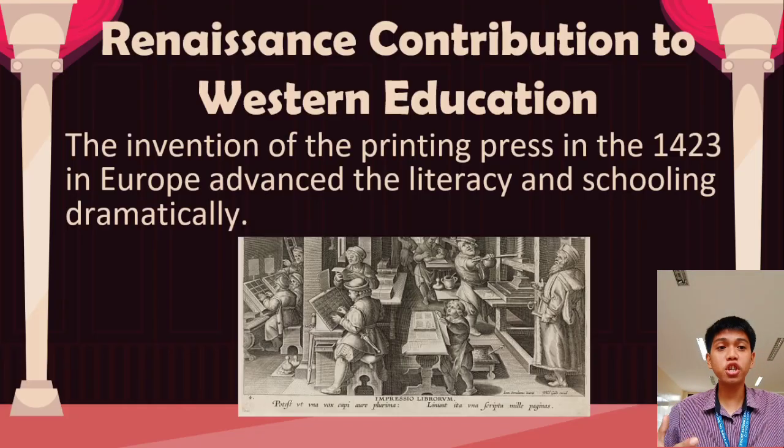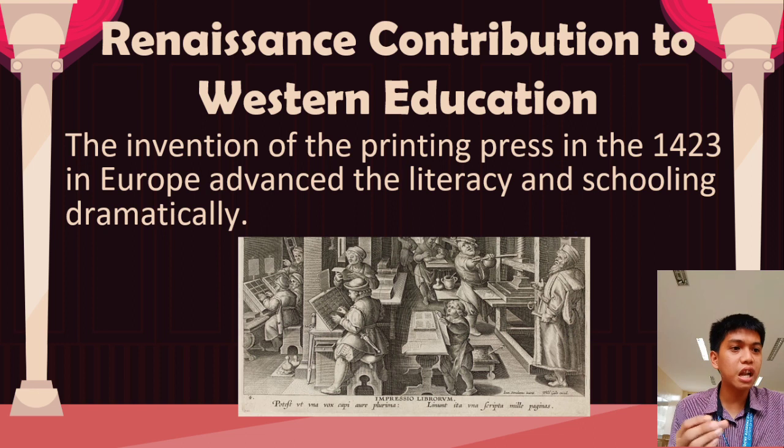The invention of the printing press in Europe advanced literacy and schooling dramatically. Before the printing press, students painstakingly created their own copy of a text by taking dictation from teachers.